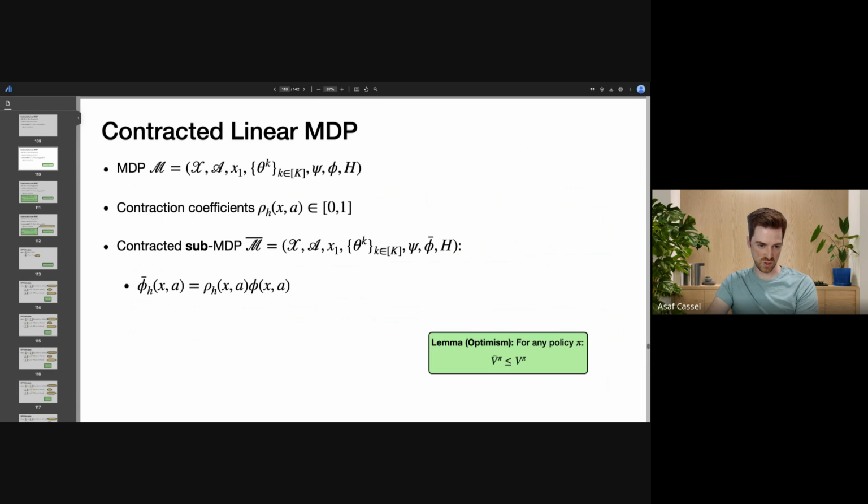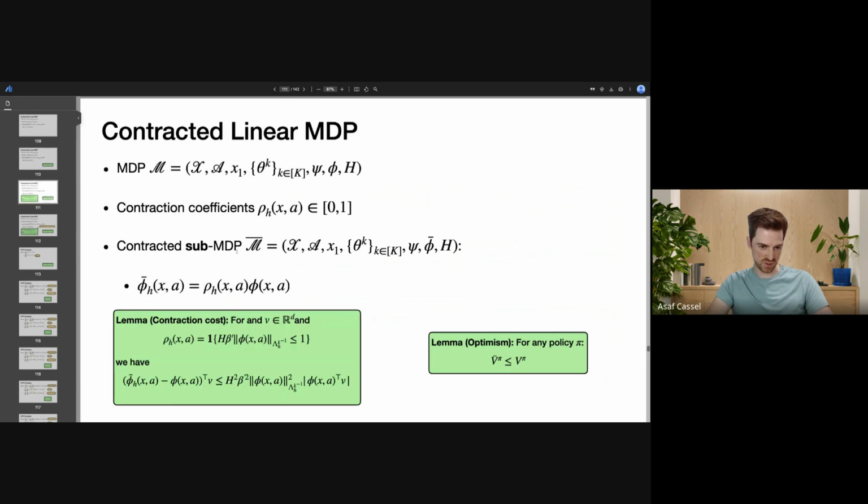Okay, and the other thing that we have is if we take the contraction coefficients to be this indicator that we have sufficient exploration, like we do in our algorithm, then you have this pretty simple lemma: the difference between the features and the contracted features, projected on a vector v, which will be exactly our P V, like the expected next value, and this will be the contracted expected next value.